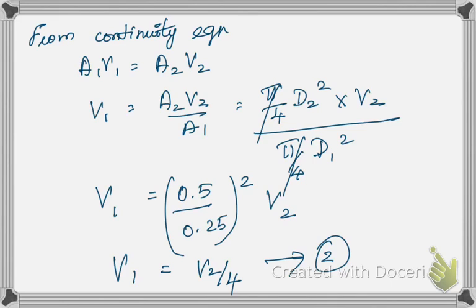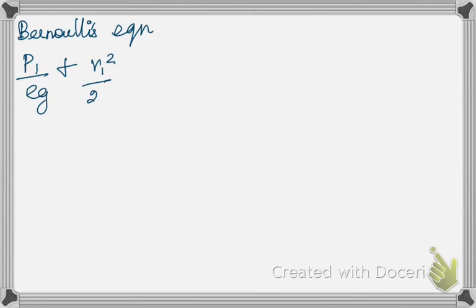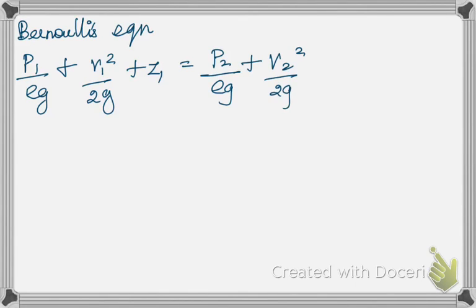Now I am going to apply Bernoulli's equation, because there only I will get my pressure head, my kinetic head, my datum head, as well as the head loss due to contraction. The Bernoulli's equation I am going to apply is at section 1 and section 2. That is P1 by rho g plus V1 squared by 2g plus Z1, which is equal to P2 by rho g plus V2 squared by 2g plus Z2 plus Hc.